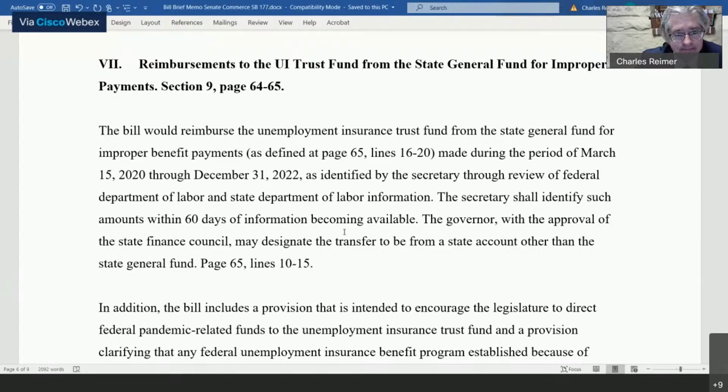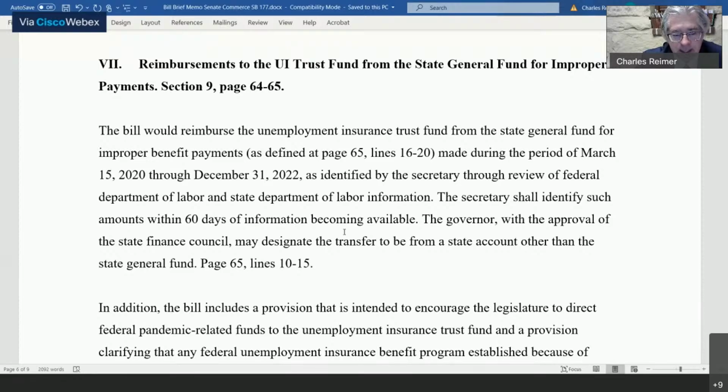So the bill would reimburse the UI fund for improper payments made during the period of March 15, 2020 through December 31, 2022. The way this is accomplished is the secretary reviews federal information that identifies improper payments, and then also state information, Department of Labor information when it becomes available.